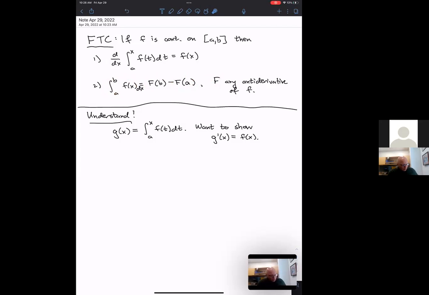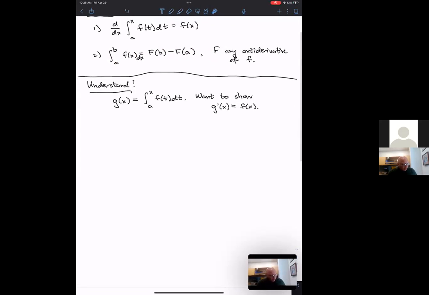So what I promised you was a video on understanding, in particular, part one of the fundamental theorem. So what we will want to do is remember that we're thinking about this function little g, which is just the thing inside the derivative here, right? Little g is the integral from a to x of f of t dt.